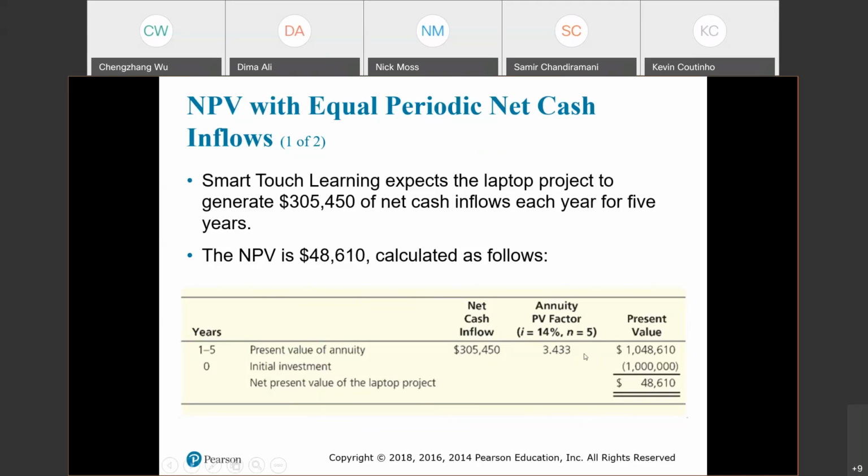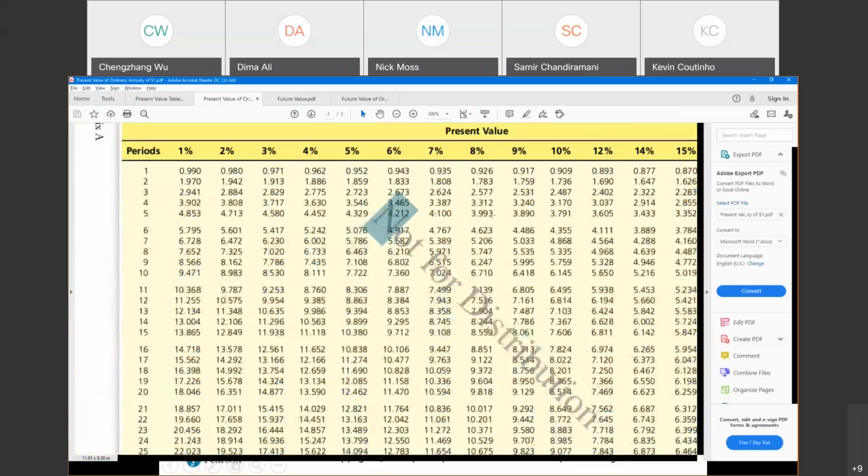Well, by looking at that table, in table number 2, interest rate is 14% and periods is 5.